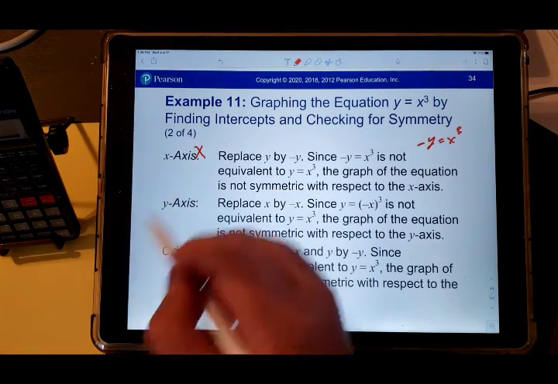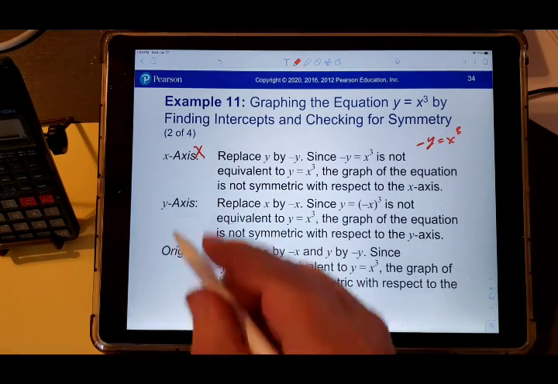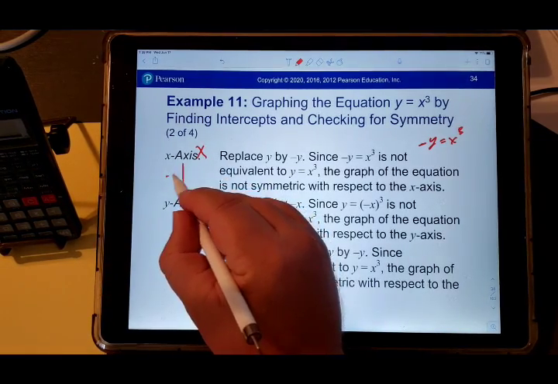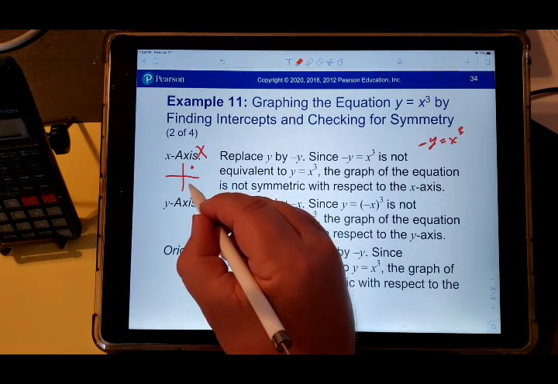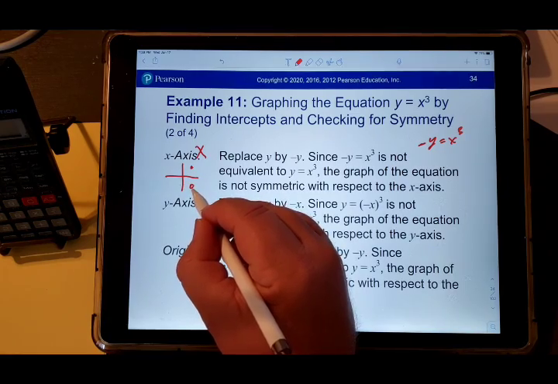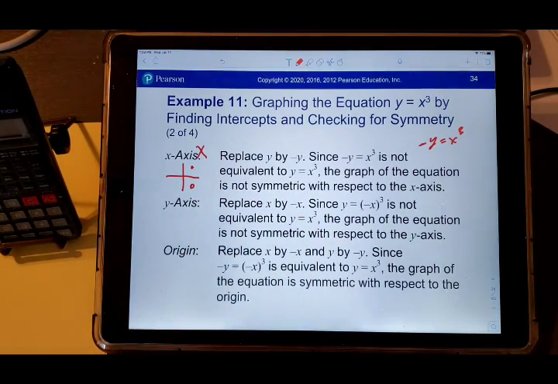And the answer is no. So it's not symmetric with respect to the x-axis. And what that means is when I graph this thing and get a point somewhere, I'm not going to get a bonus point down here on the other side of the x-axis. It's just as important to know that I'm not going to get these bonus points as it is to know I am going to get them.